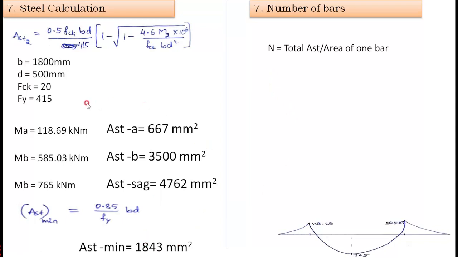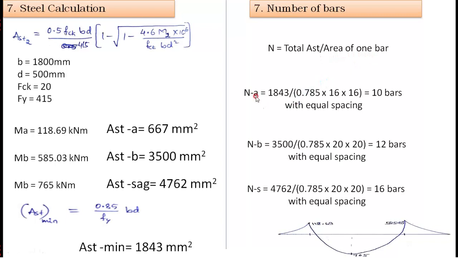Now here we didn't consider the breadth as 1000 mm, therefore we cannot determine the spacing. The formula always gives you a spacing for 1000 mm breadth. But here I consider the entire breadth, therefore I have to calculate the number of bars required for the entire breadth of the footing. Therefore the number of bars will be, the formula is total Ast divided by area of one bar.